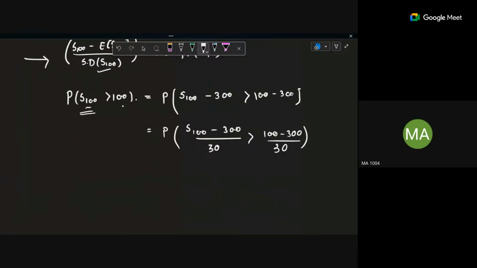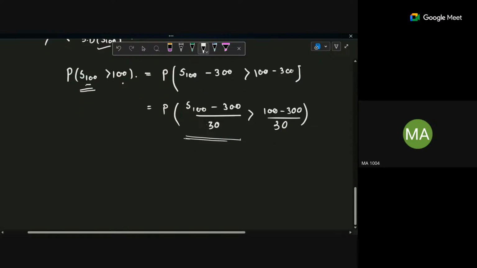So now this random variable follows a normal distribution with mean 0 and variance 1. Can I say this is some number, let's say Z? Is it fine if I write it like this?